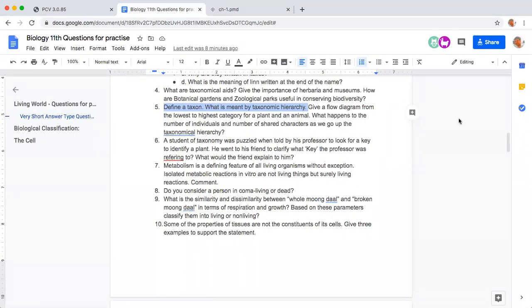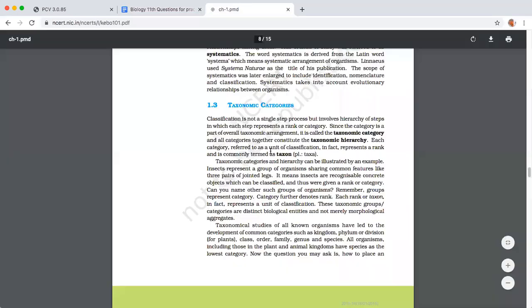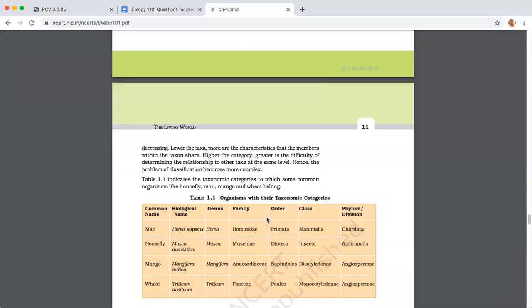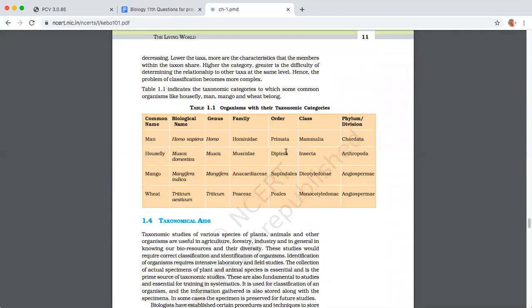They are asking you to give a flow diagram of the lowest to highest category for a plant or an animal. This one you should be able to see and write. You have to memorize this table at least, for animals and plants. One animal, one plant. I want you to memorize it and keep it.